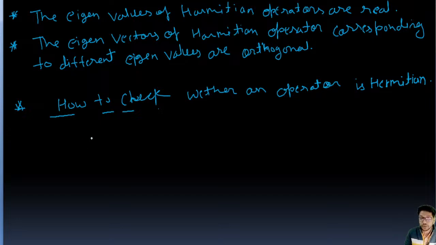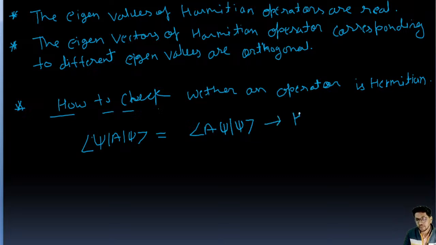Suppose for a Hermitian operator, psi is the wave function, the value <psi|A|psi> should be equal to <A psi|psi>.